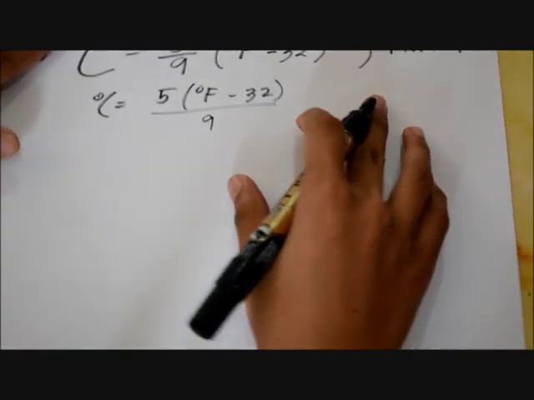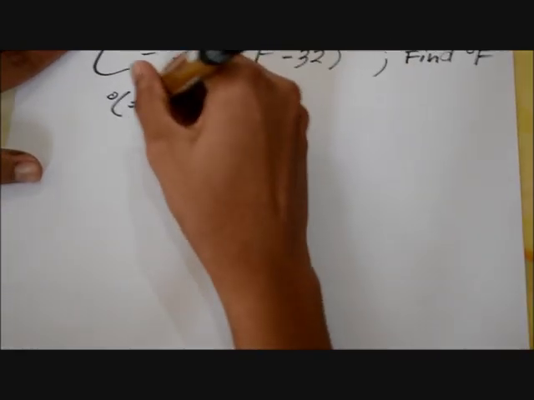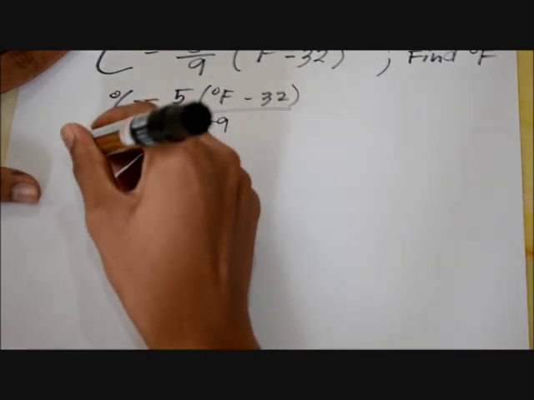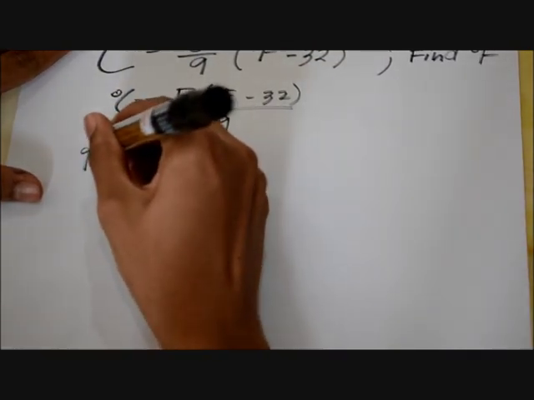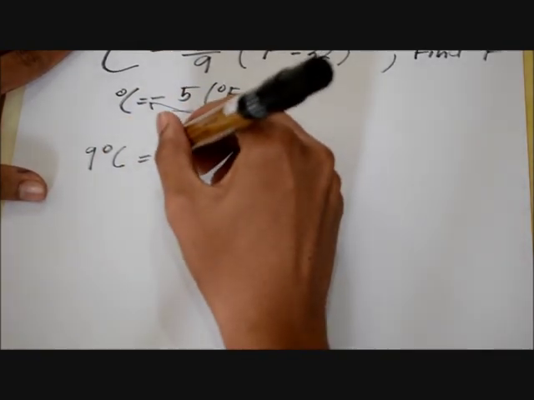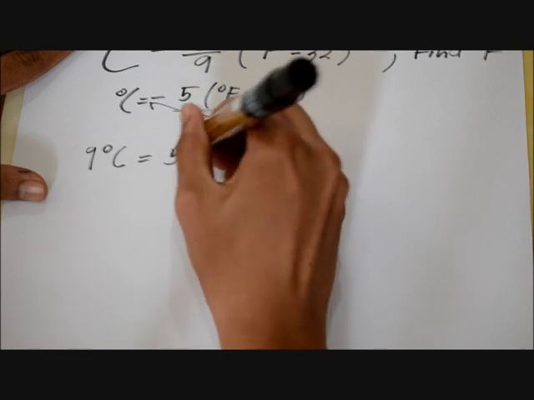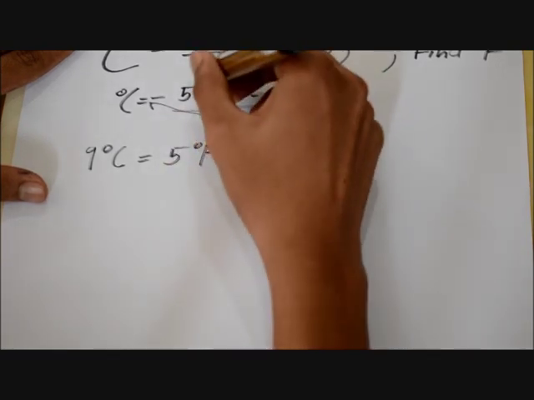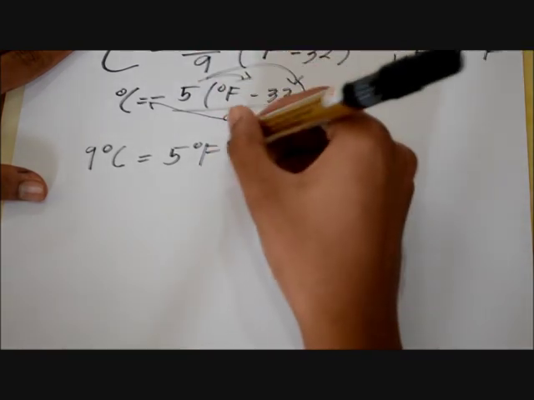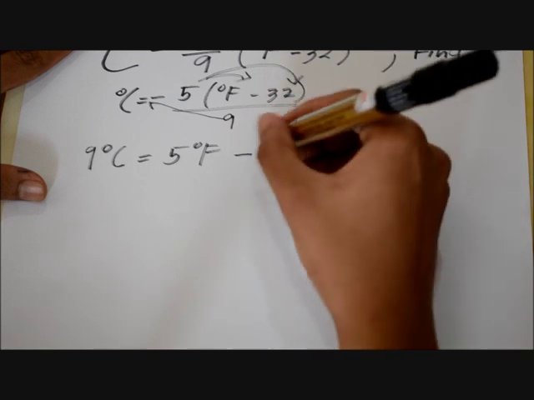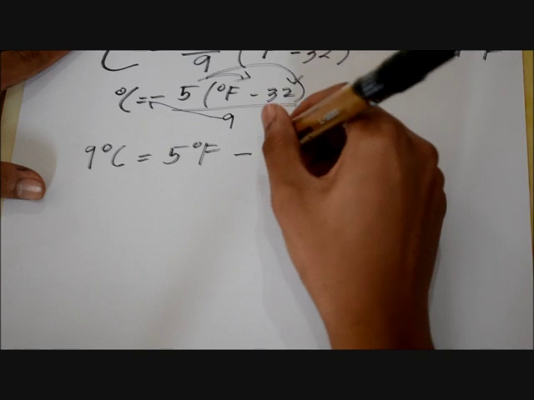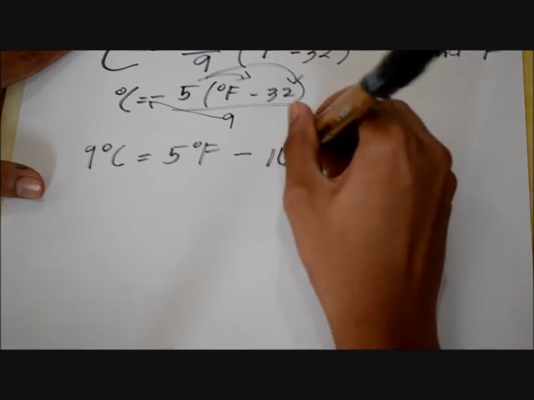Then we're going to perform the cross product method, or multiply 9 to both sides. And distributing 5 to the quantity of F minus 32, that makes it 9 degrees Celsius is equals to 5 degrees Fahrenheit minus 160. Again, we're going to isolate degrees Fahrenheit here. 9 degrees Celsius plus 160 equals 5 degrees Fahrenheit.